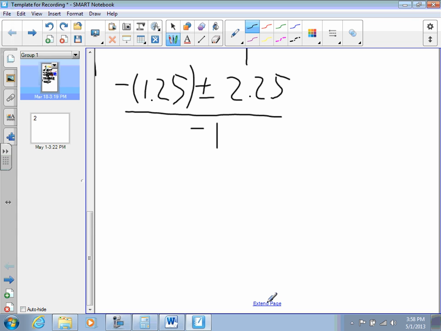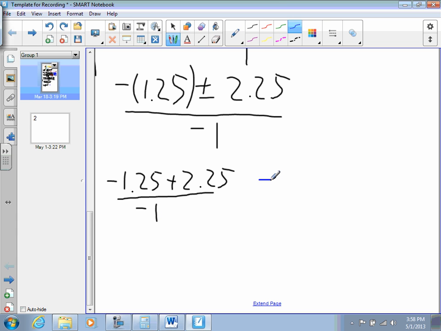One of them, we have negative 1.25 plus 2.25 over negative 1. And the other one, we have negative 1.25 minus 2.25 over negative 1.